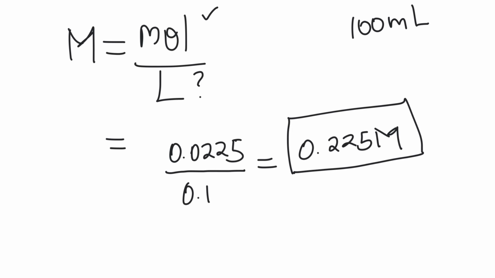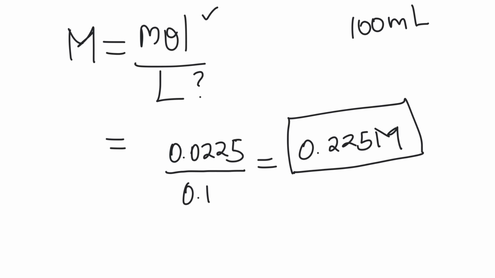Alright, so this was a long one, but let's see if our answer makes sense. Look at the number we got. We got 0.225 molar. Compare that number to the molarity of your hydrochloric acid, which was 0.5 molar.